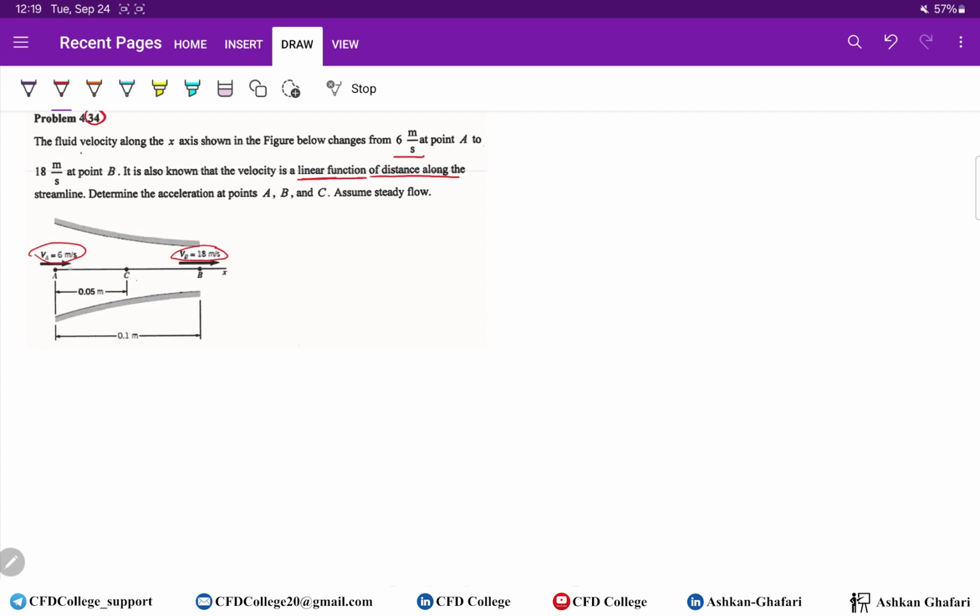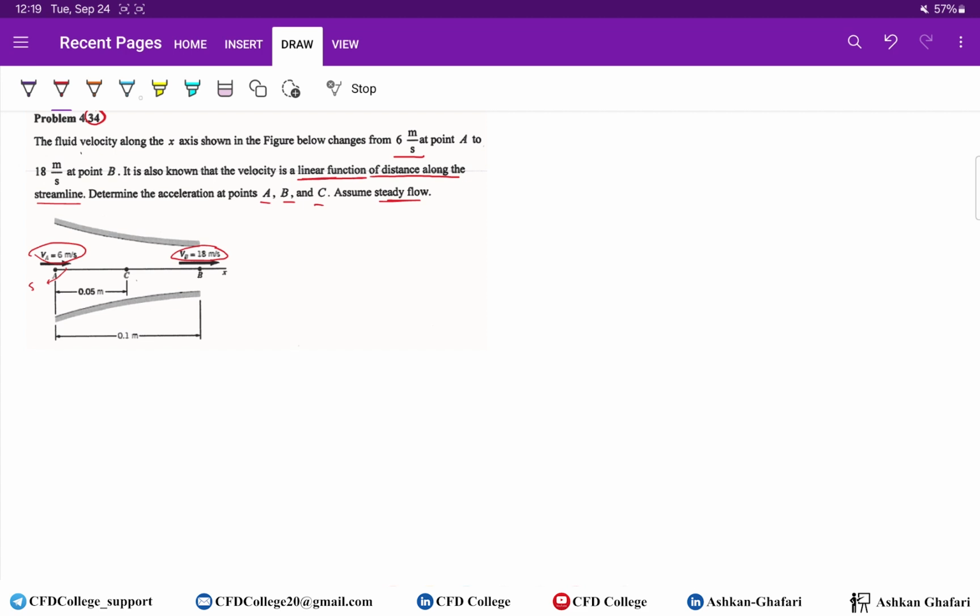So this is our streamline. And we should determine the acceleration at points A, B, and C. Assume steady flow. So the flow is steady. It's important. And we know that velocity is a linear function of distance.